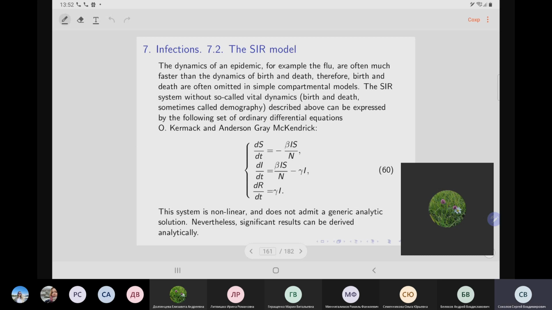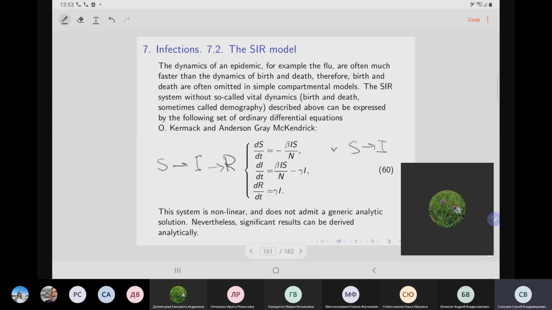The differential equation of Kermack and McKendrick is equation 6t. So it is the transition S to I to R, and the first one is the transition from S to I.